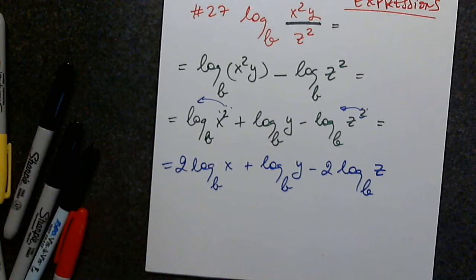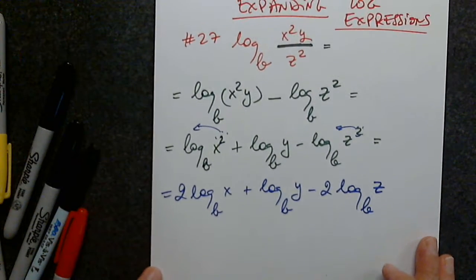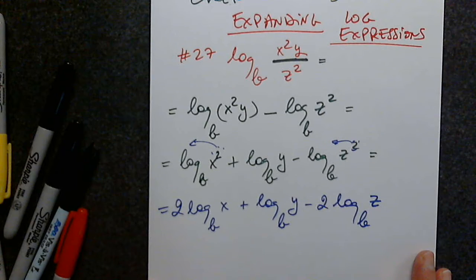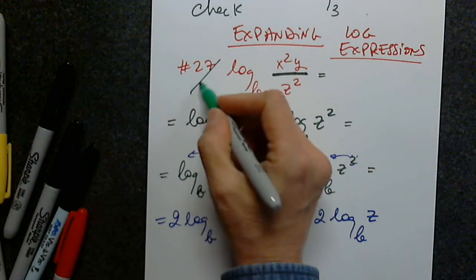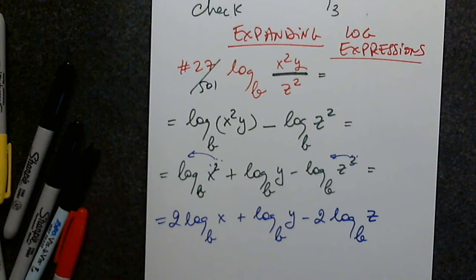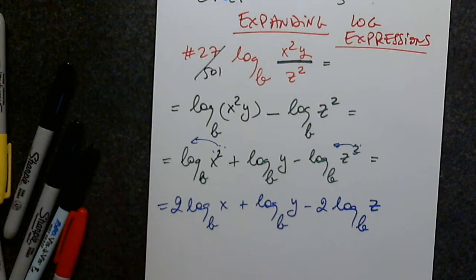But let's look at another example, like 36. Any questions on 27? Yes. What page was that on? 27 on page 501. Thank you for reminding me. My apologies. Okay, so let's start 36.